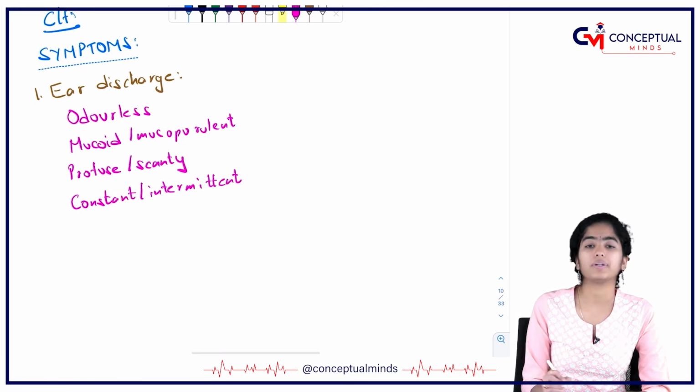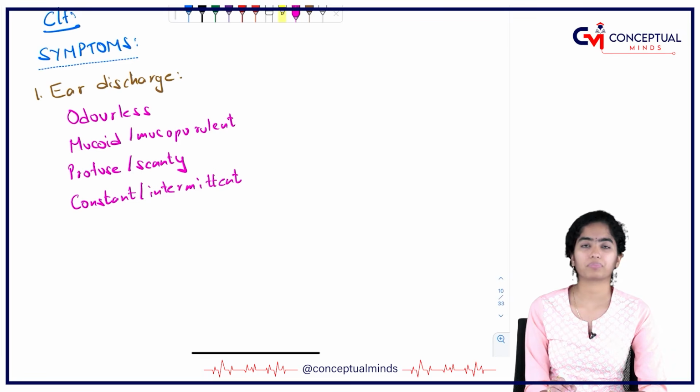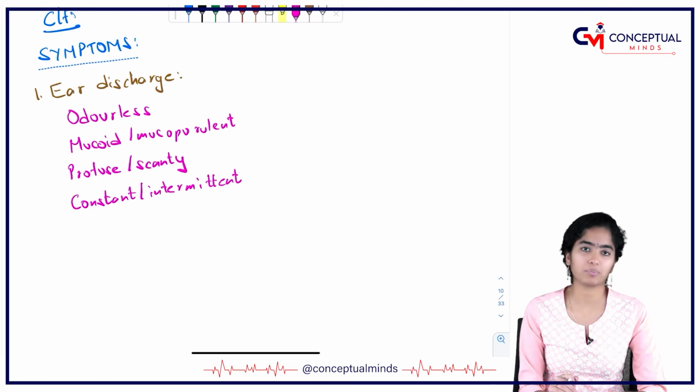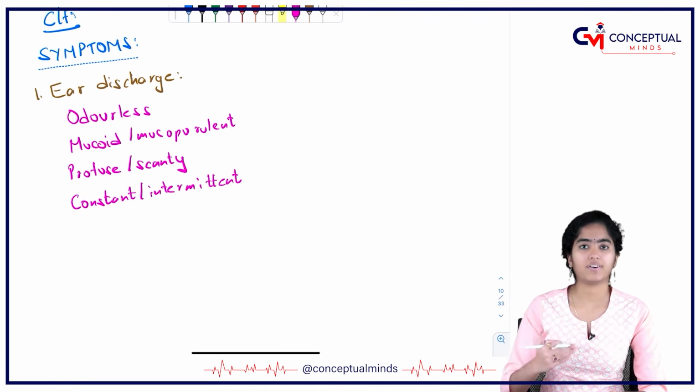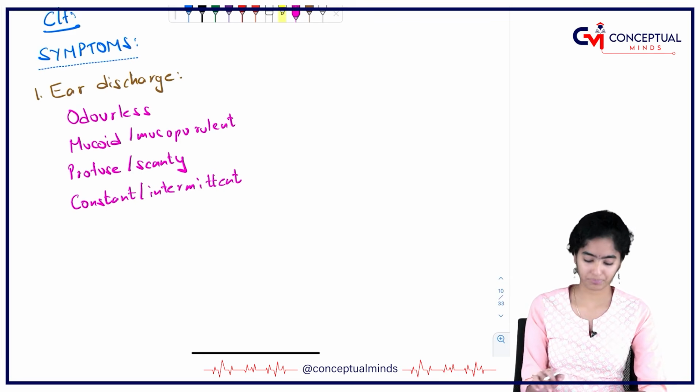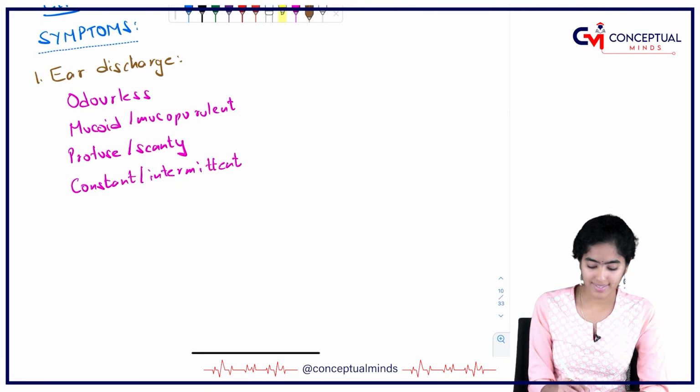And the discharge is usually seen in the active stage when there is some infection of the upper respiratory tract that has led to an acute exacerbation of CSOM, or when there is some water entry via the external auditory canal. Second most important symptom is hearing loss.